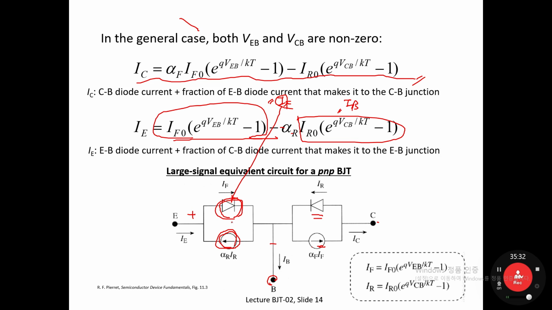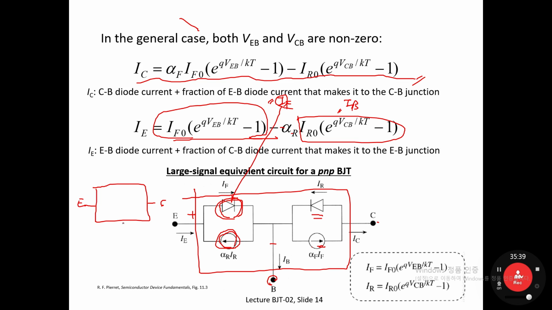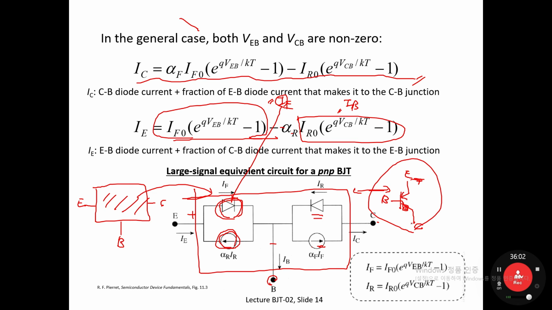Now you can understand what circuit components are included in this black box with emitter, collector, and base. This simple BJT circuit symbol can be equivalent to these two diodes and two current sources. That is the core part of the Ebers-Moll model.